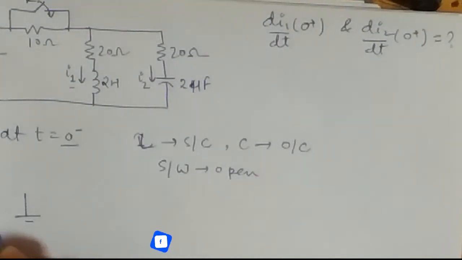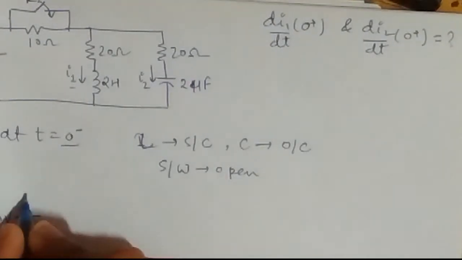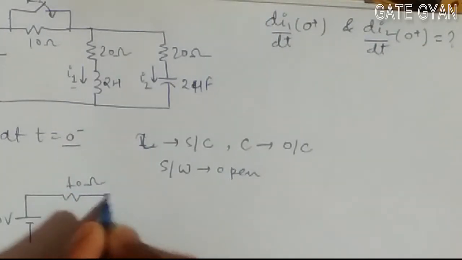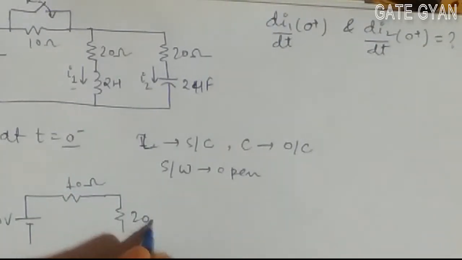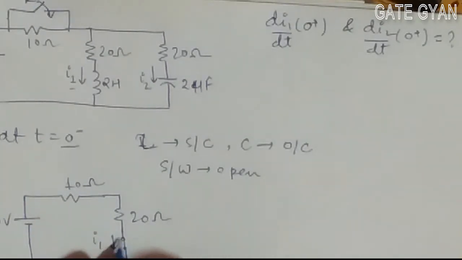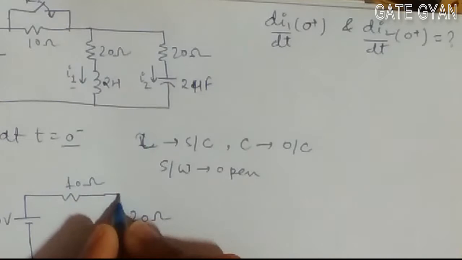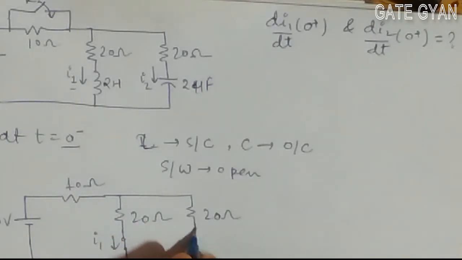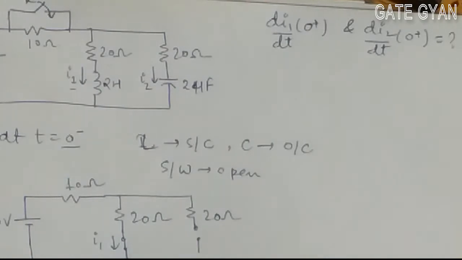So my circuit will become like 100 volt, switch is open, so it will be removed. This is 20 ohm and this inductor will get short circuited. This is I1 at t is equal to 0 minus. This is 20 ohm and my capacitor is open, so it will be plus minus Vc.